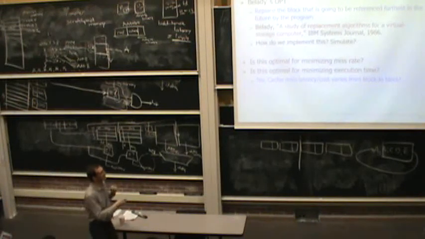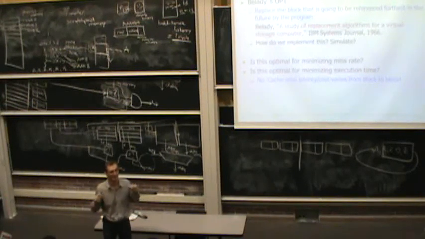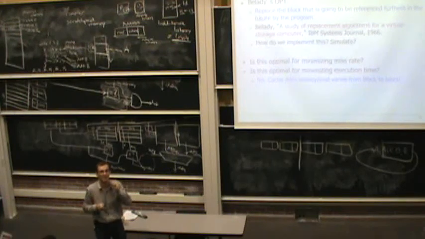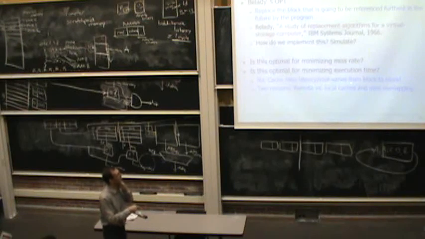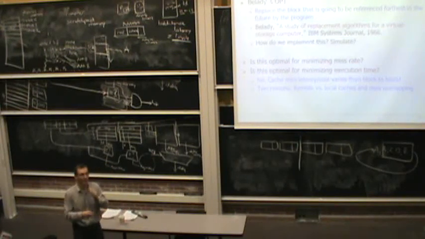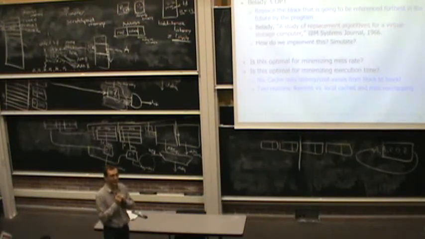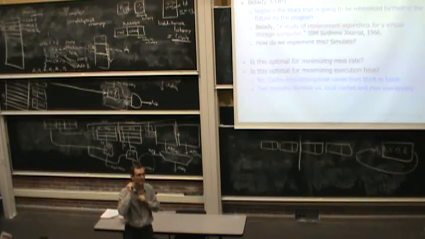Because cache miss latency or cost varies from block to block. Right? And we've already discussed many different reasons for this. You could have remote versus local caches. You could have overlapping of misses. Not all misses take the same amount of time. You could be prefetching one miss, and when the processor requested that block, that prefetch may be halfway complete.